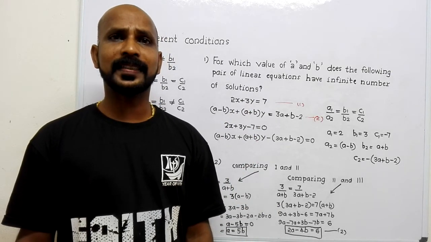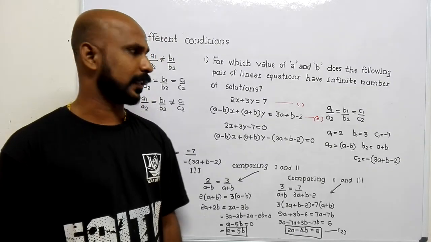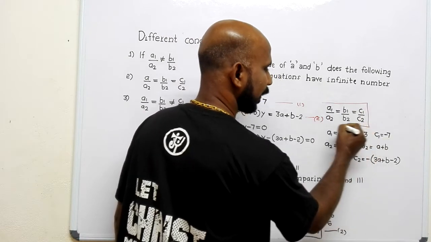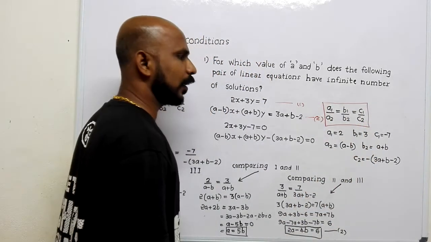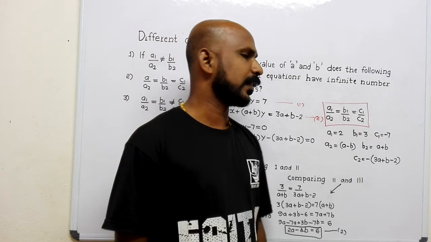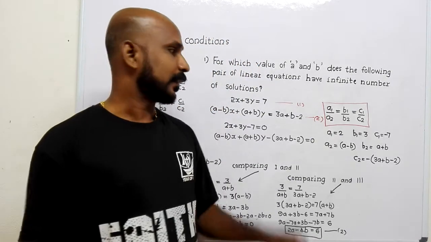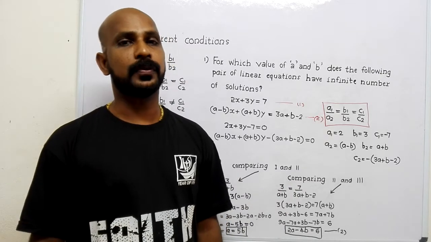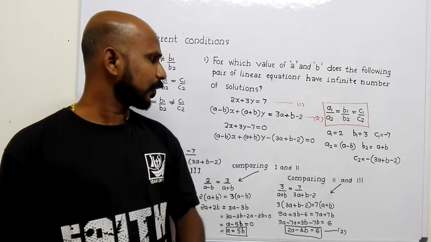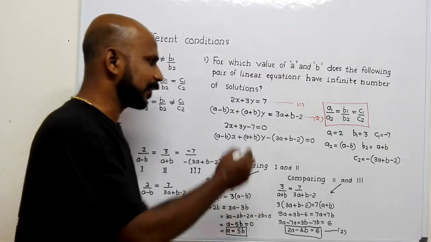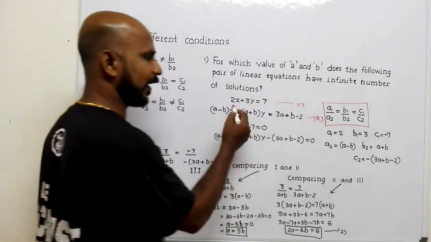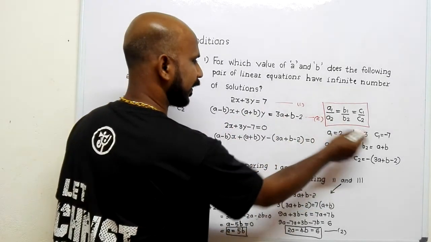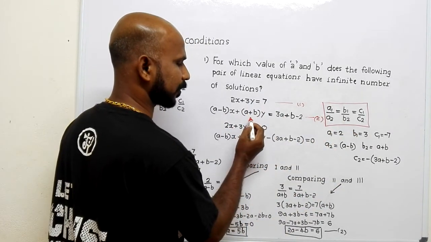We know the condition for an infinite number of solutions. This is the main condition: if a1 by a2 equal to b1 by b2 equal to c1 by c2, then we can say this pair of linear equations has an infinite number of solutions. Now we are going to apply that condition. As per these two linear equations, a1 equal to 2, a2 equal to a minus b, b1 equal to 3, b2 equal to a plus b.